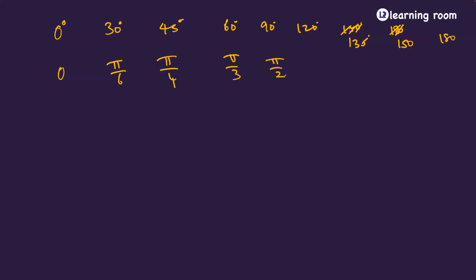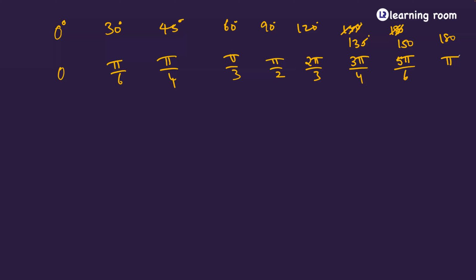This is pi by 2. 120 is 2 times 60, so 2 pi by 3. 135 is 3 times 45. 150 is 5 times 30, 5 pi by 6. 180 is 6 times 30, which is basically pi only.